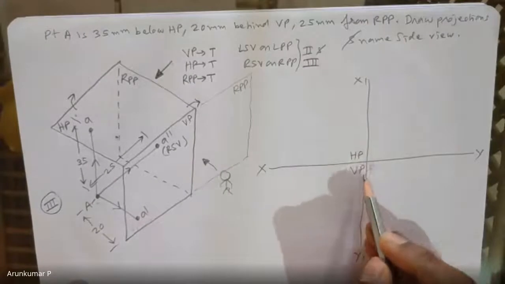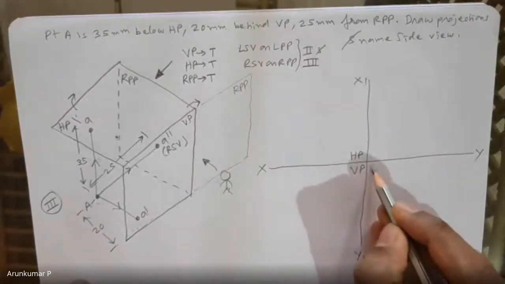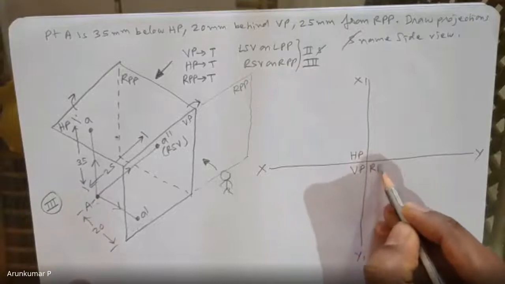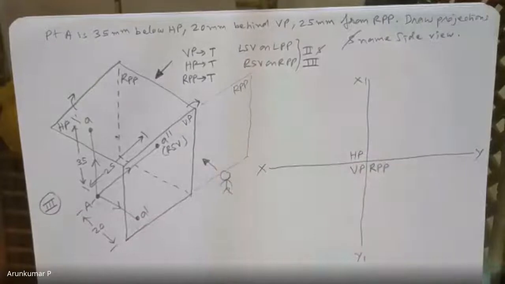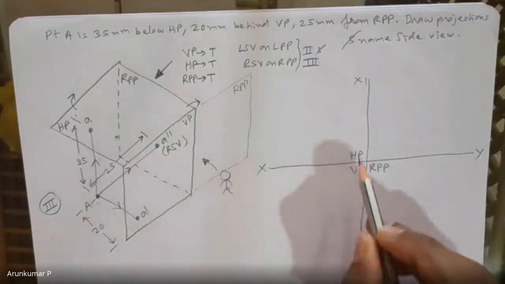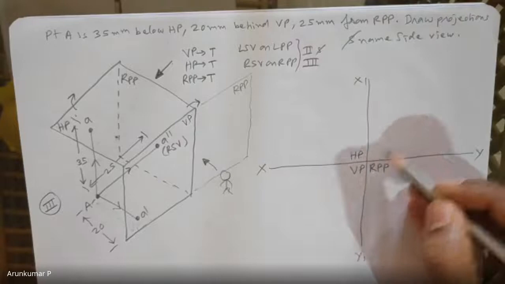So we know that RPP will be on the right side and it will be besides VP. So this is the only place where RPP can be. Right side besides VP. Okay. Now where is the median line going to be? Besides HP on the right side. So the median line will be here.